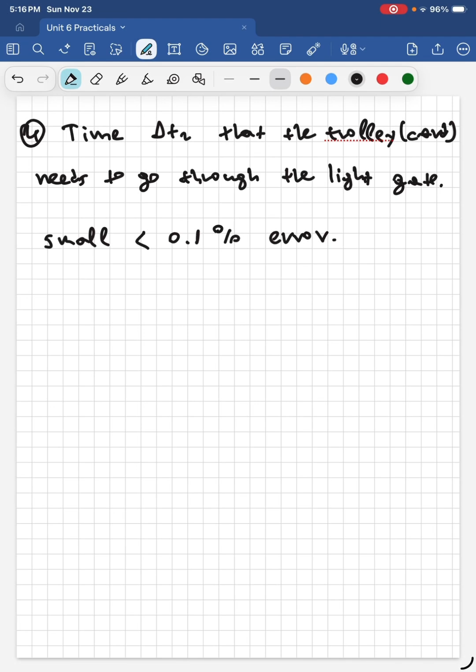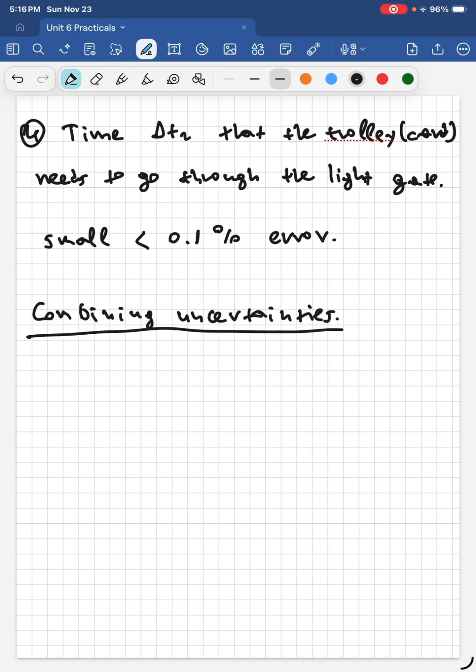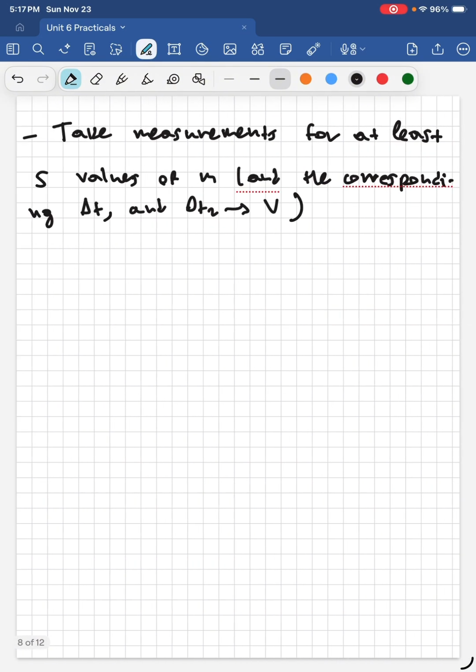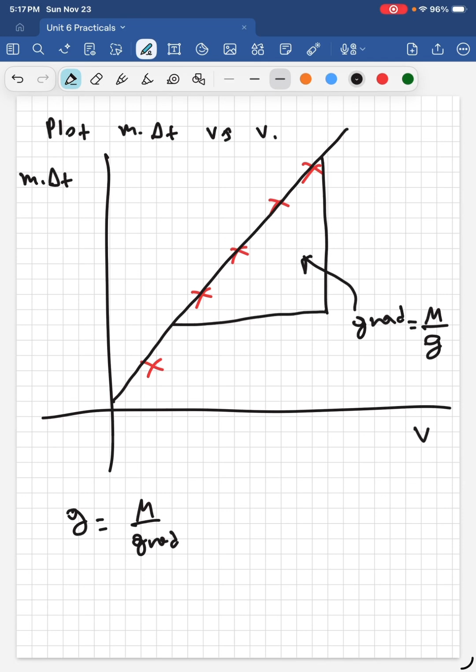So if we combine all these uncertainties that I mentioned here, let's say that you want to calculate the uncertainty in the gradient. So the gradient, as we said, back here in our nice plot that we made, is equal to m over g, right?